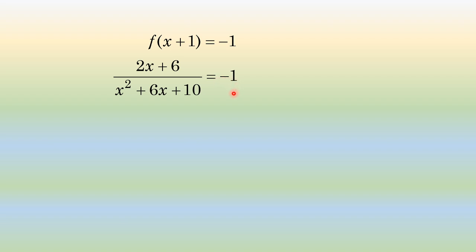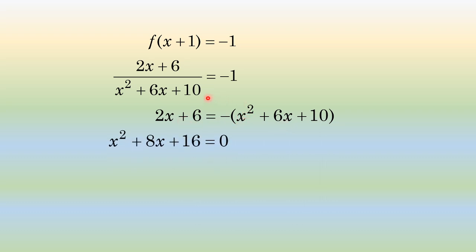So that is equal to negative 1. Multiply both sides by the denominator of the left side. We get 2x plus 6, equals negative 1 times the denominator of the left side. We have negative of x squared plus 6x plus 10.